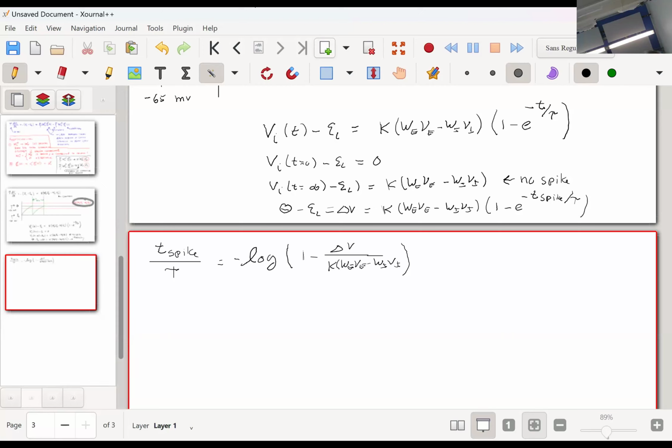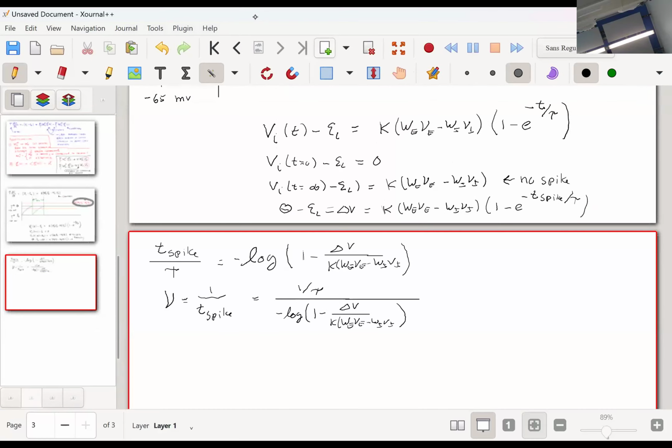Which means the firing rate nu equals 1 over time to spike. This is the number of spikes per second, equals 1 over tau divided by minus log of 1 minus delta V divided by K W_E nu_E minus W_I nu_I.